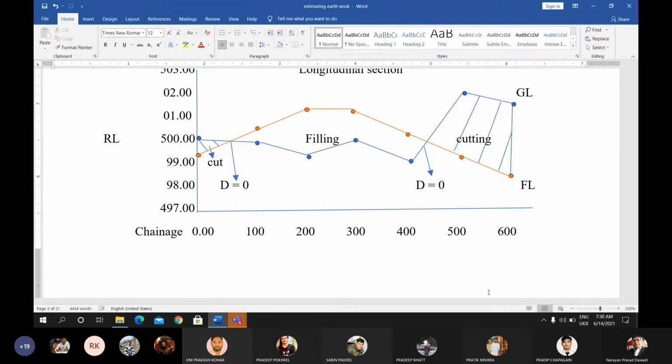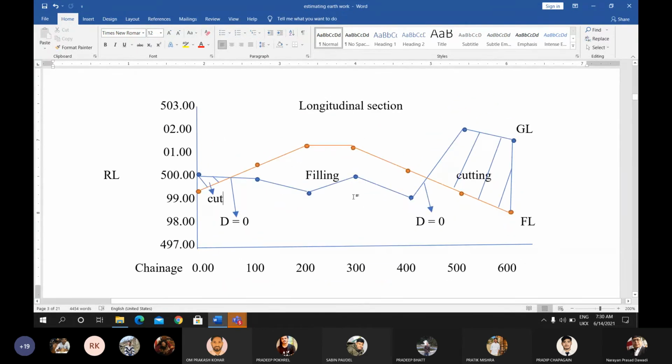In the examination you can join these freehand, but I am doing straight line joining here because it is difficult for me. Plot the data of formation level and ground level, and you get such a curve by joining. This is the longitudinal section.